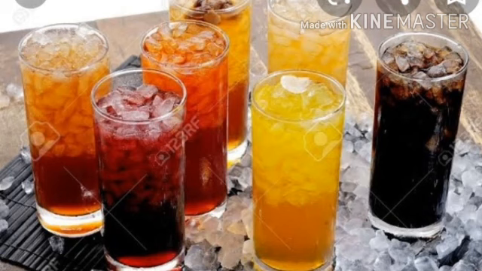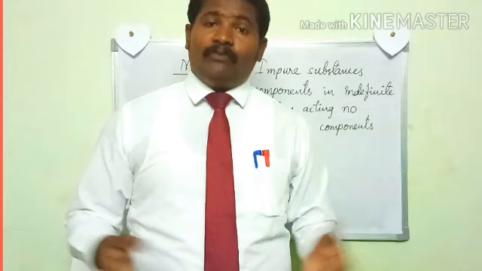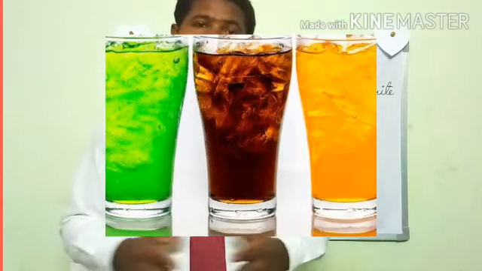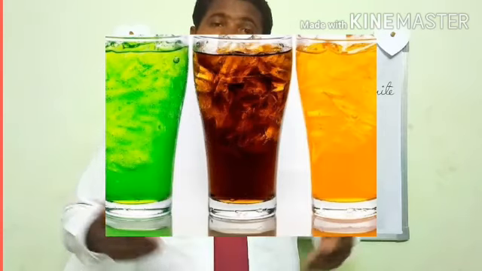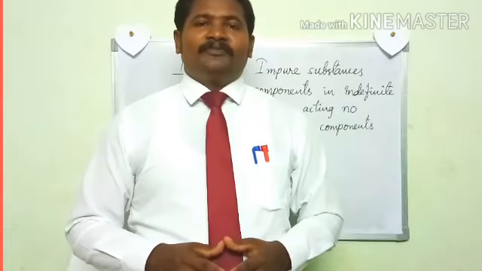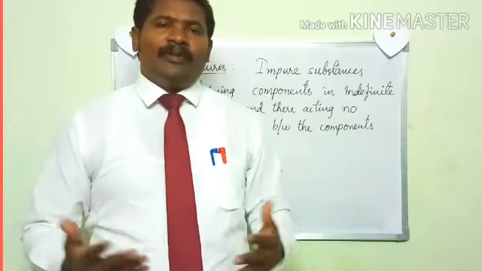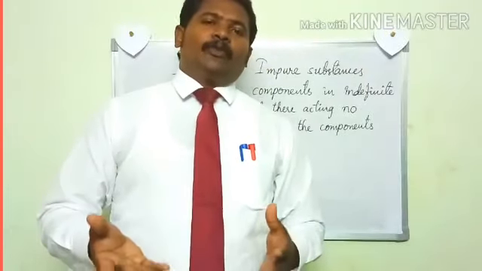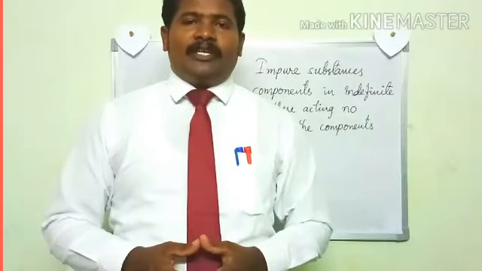And next, color. Whatever color you like, you can add it: grape color or orange color or lemon, white, snow color. Different colors, red color, green color are also available. Whatever colors we add, they just show their properties in their individual state.